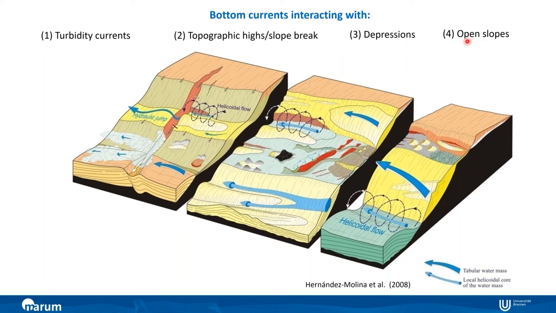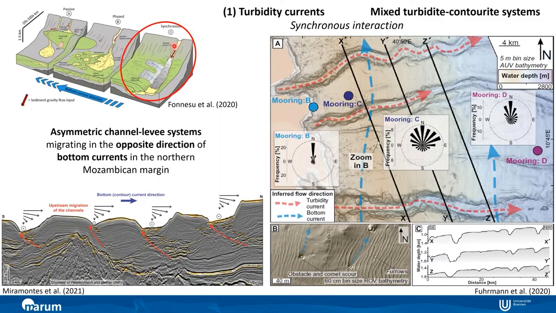So let's start first with the interaction of turbidity currents and contour currents. And particularly, I would like to focus on the synchronous interaction this time. So the synchronous interaction occurs when both processes, the turbidity currents and the contour currents, are active at the same time, and this generates a combined flow. And this combined flow results in a particular channel geometry.